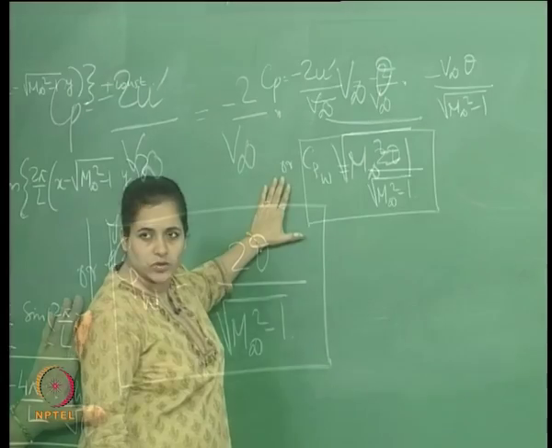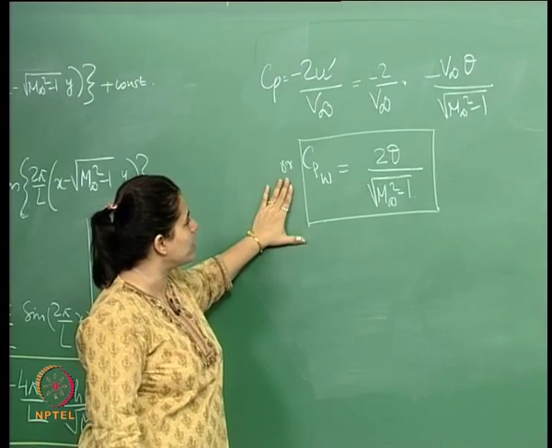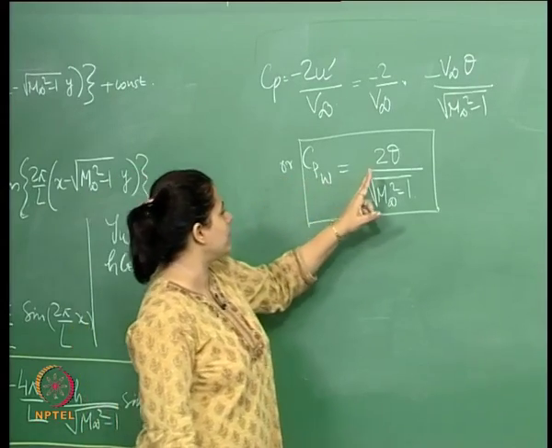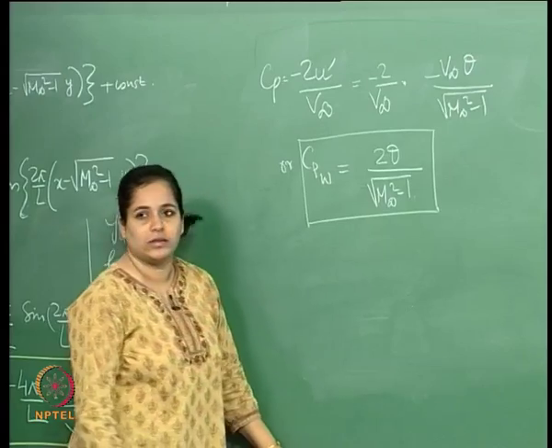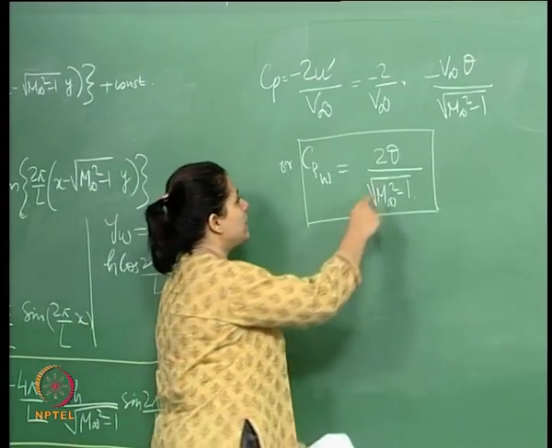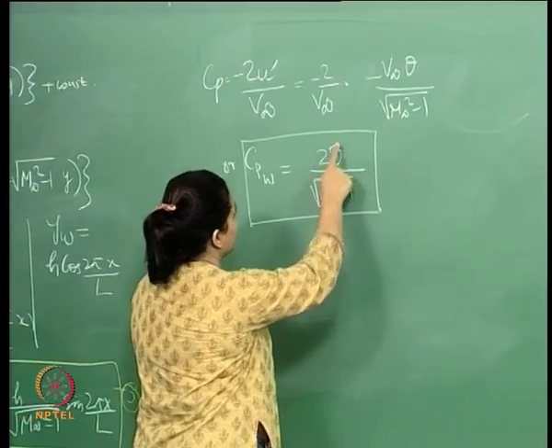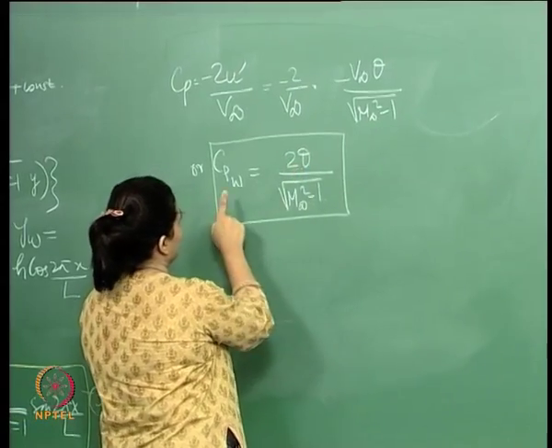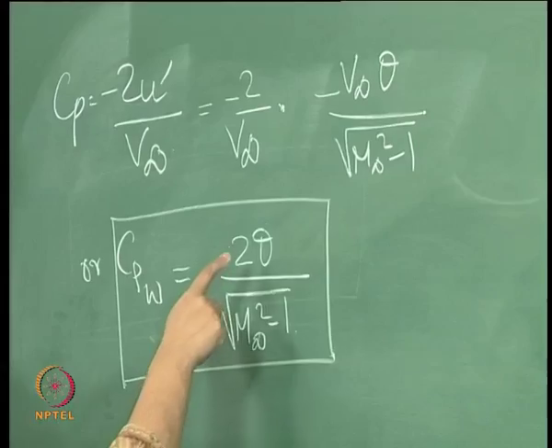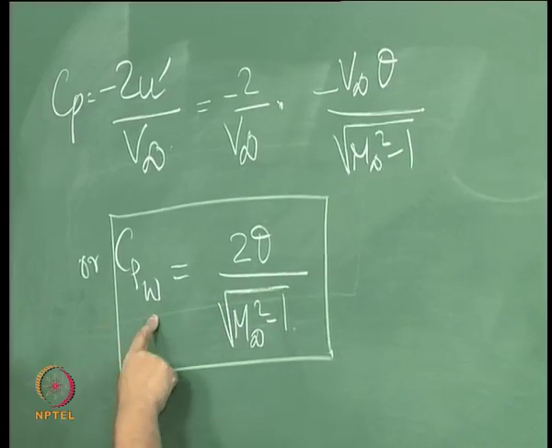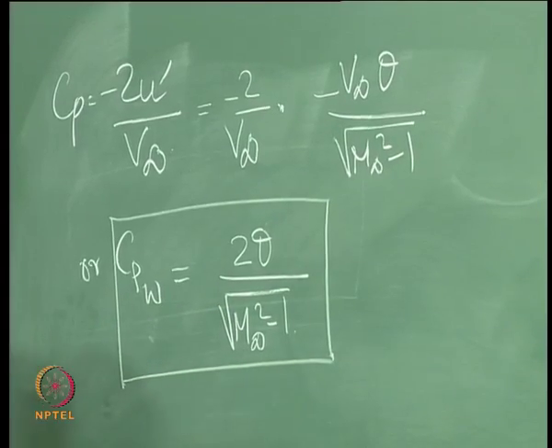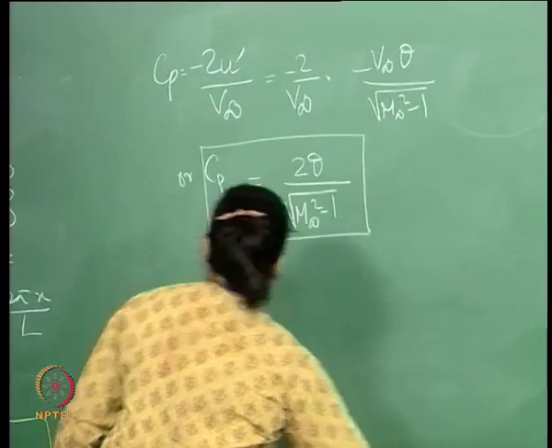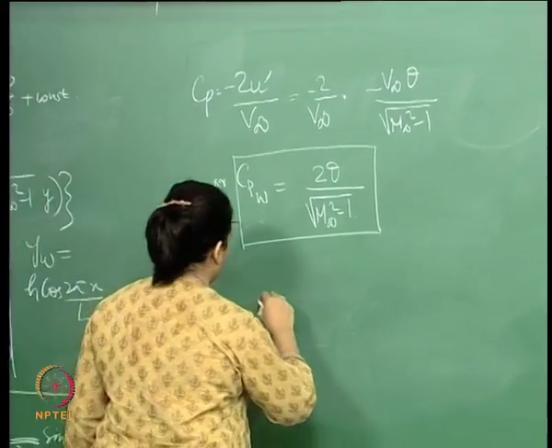Now this is very interesting, because what we see from here is that if this theta is positive, we get a positive Cp at the wall, and if this theta is negative, then we get a negative Cp, which means what? Let us draw a wall here.